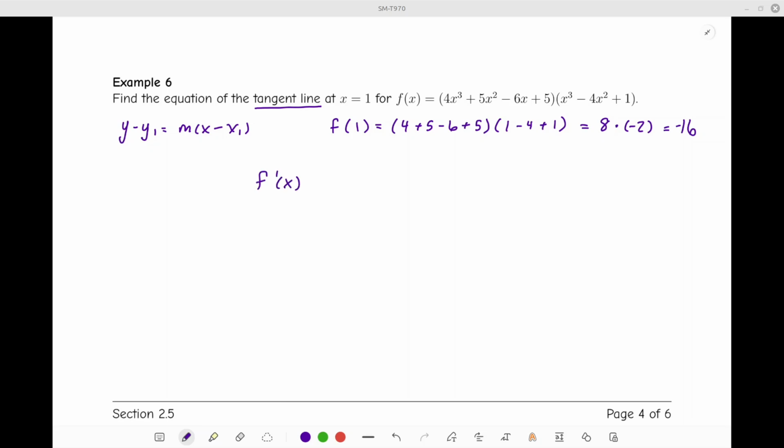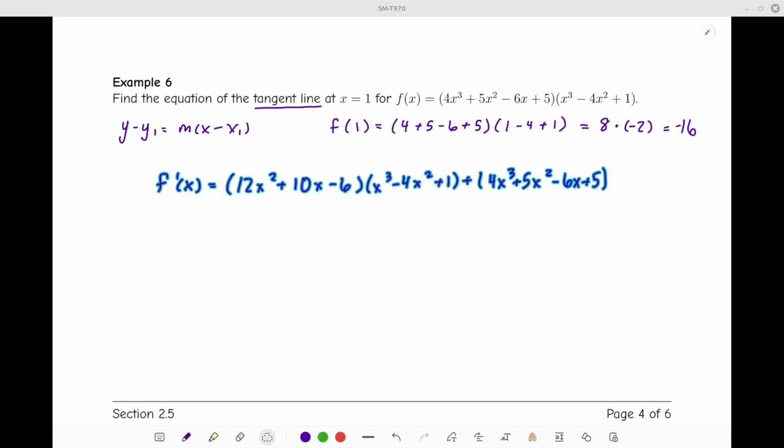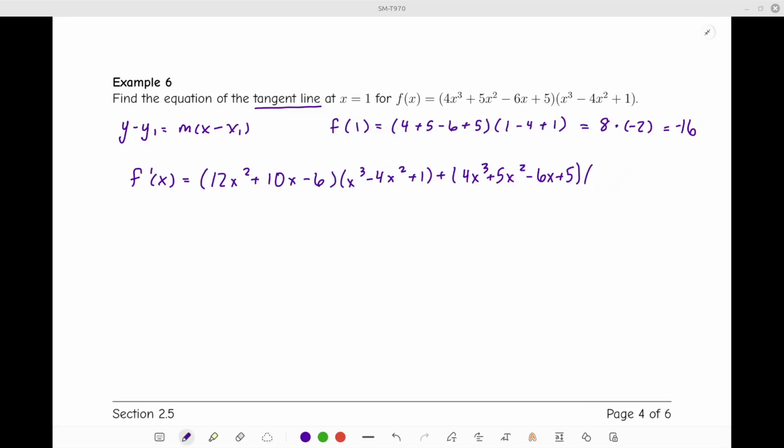And since f of x is the product of two functions, I am going to take the derivative of the first, times the original second, plus the original first, times the derivative of the second. And you move this over. So that would be 3x squared minus 8x.